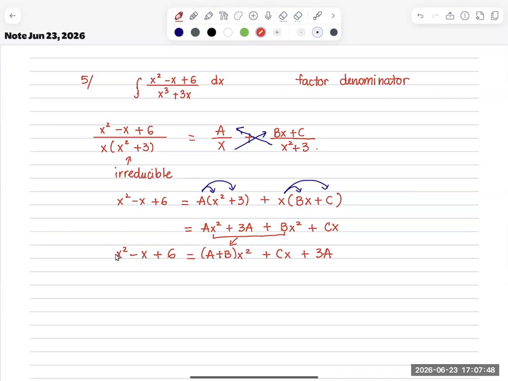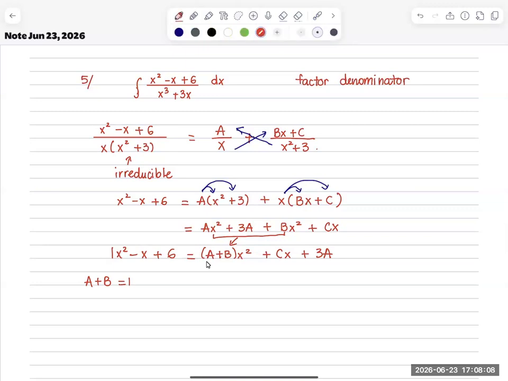The coefficient for x squared on the left side is 1, because there's nothing in front, meaning 1. On the right side it's A plus B. So A plus B equals 1.